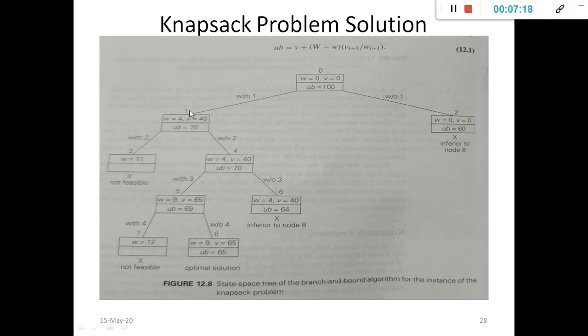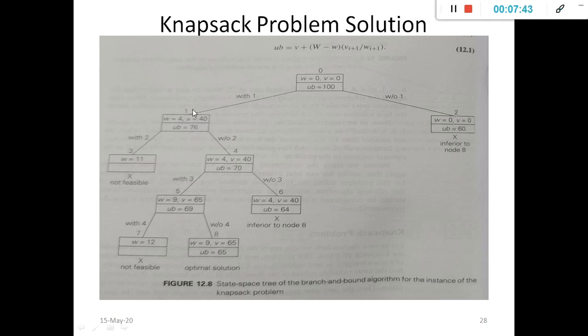That's why this is the suitable value and you have to discard node 2, or stop further expanding node 2, because the knapsack problem is always looking for the maximum value. With this you realize that node 2 is not suitable.